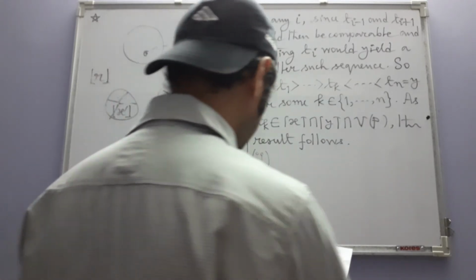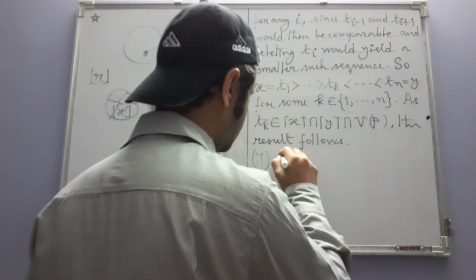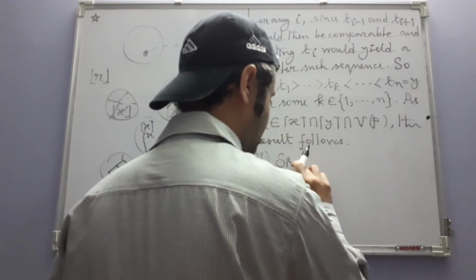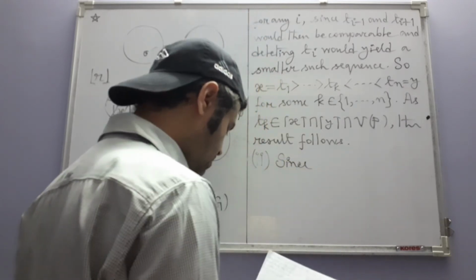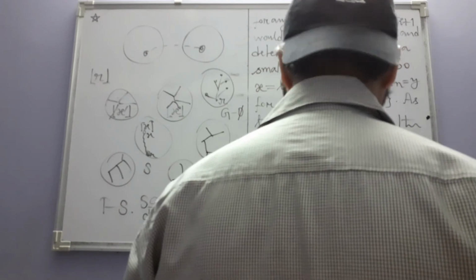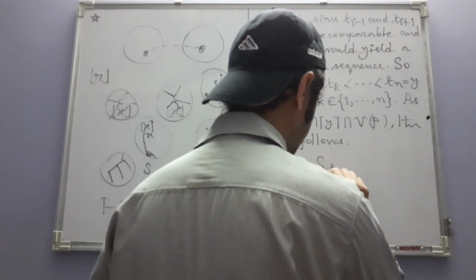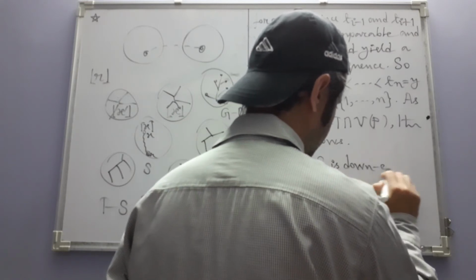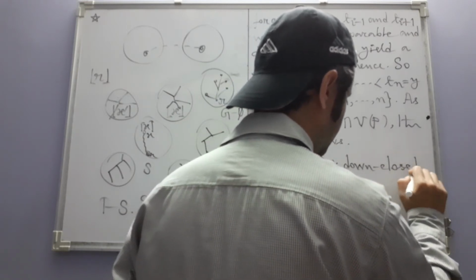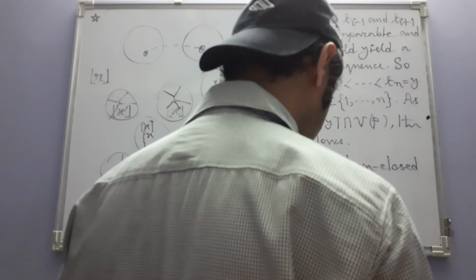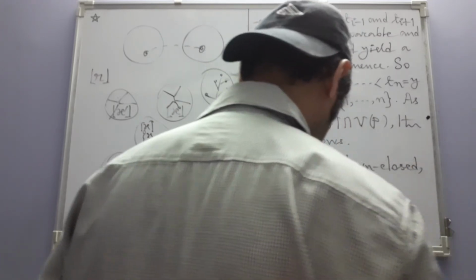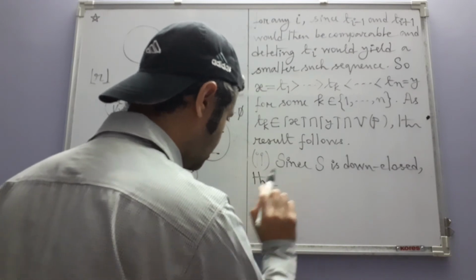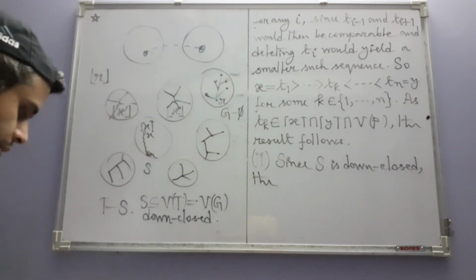Okay, so let us now start the proof. Since so many small things are so easy to miss, since S is down closed, the proofs are deceptively short, but a proper understanding requires many things in between. That's what I'm realizing now.